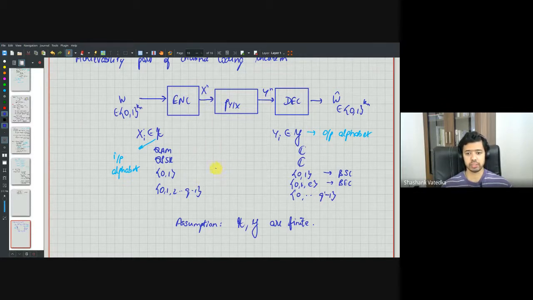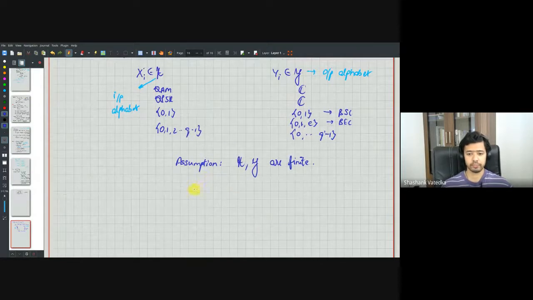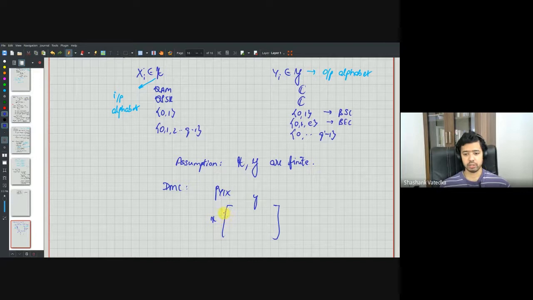For the BSC, we've seen what p(y|x) is. For any discrete memoryless channel, p(y|x) is the channel transition probabilities, and you can represent this in the form of a channel transition probability matrix, maybe an x by y matrix, where for each input symbol and each output symbol, we have p(y|x).